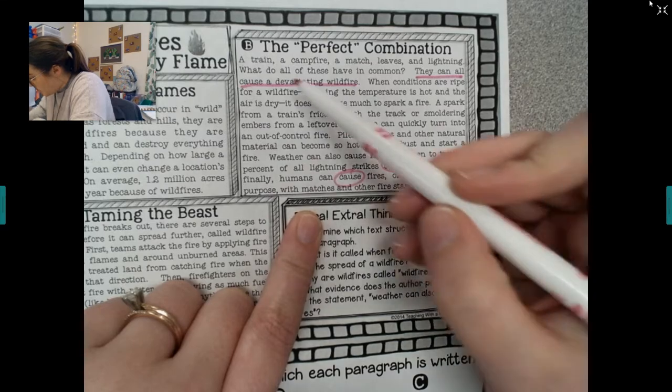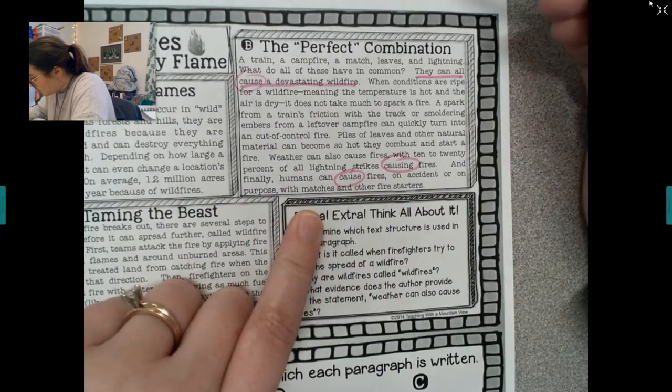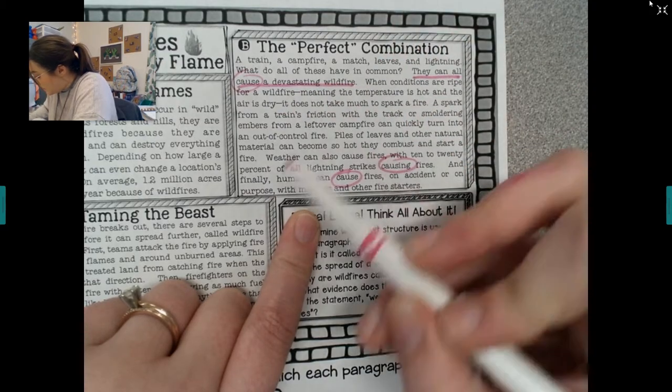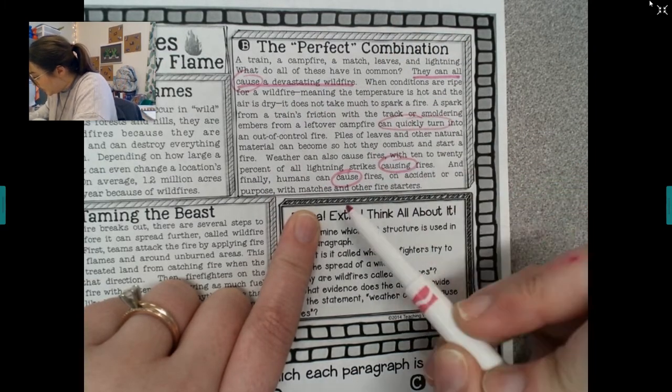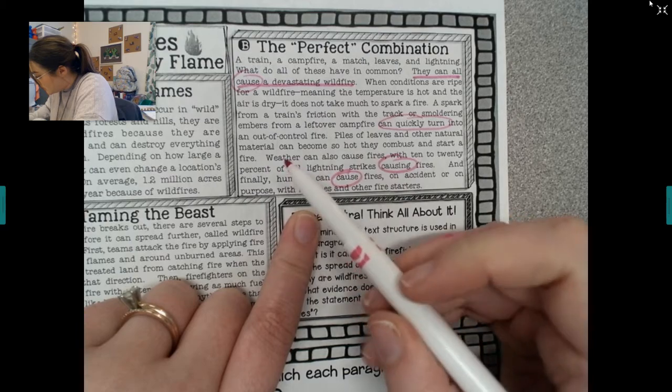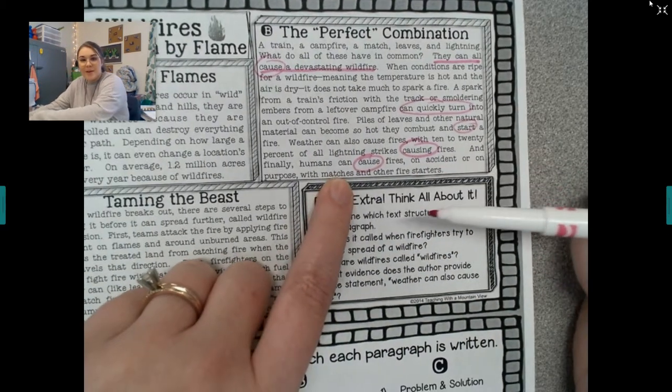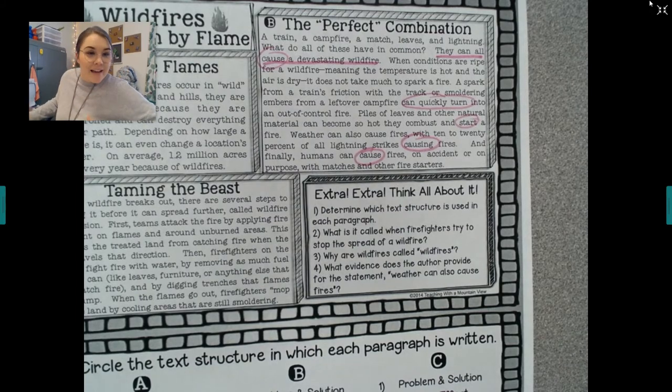Look at this. Cause. And even though it doesn't say cause, it can quickly turn into. They can start. So it looks like we have wildfires, right? And are they telling us how we can fix wildfires?